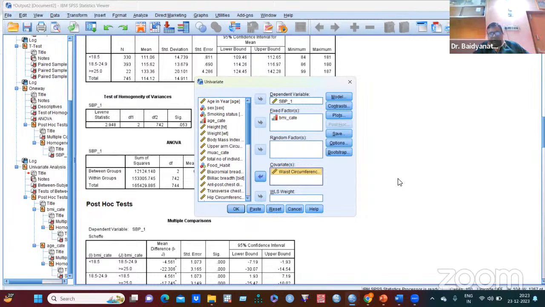So now we are eliminating the effect of the waist circumference on systolic blood pressure, or we are controlling the variable waist circumference, then we find out the one-way ANOVA, or after controlling the effect, we find out the one-way ANOVA. So check this one.